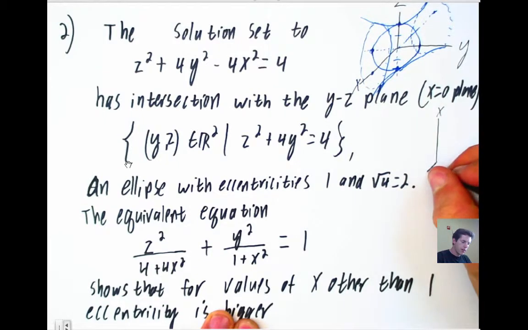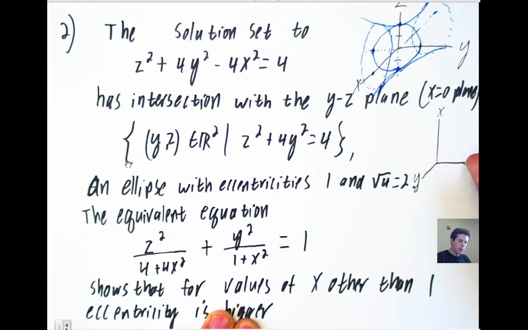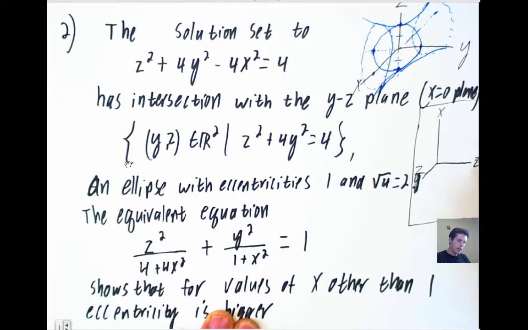So I'll make y coming out in this direction, and then z going out in that direction. That way, x cross y is z. Oh no, I did it wrong. I'll make that the z direction, like a little quarantine for my drawing over here. And that will have to be the y direction. Do I have it now? x cross y is z. No, what am I doing? x cross y is z. So I had it right before.